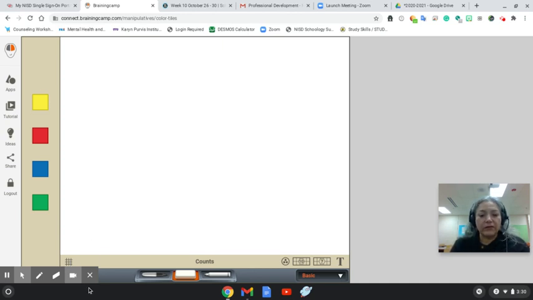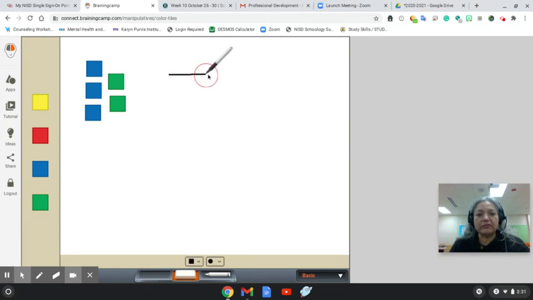So let's start with the first one. I'm going to put a blue one and then keep putting blues. So I'm going to put 3 blues and then I'm going to put 2 greens. So in order for us to write a ratio, all we have to do is create a table or a T chart to help us.